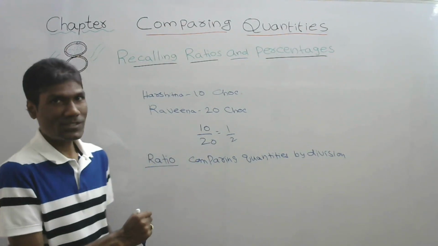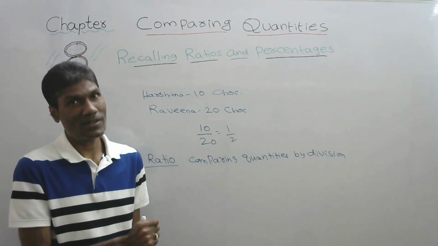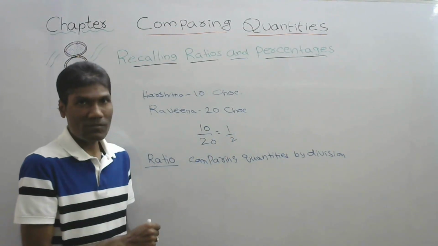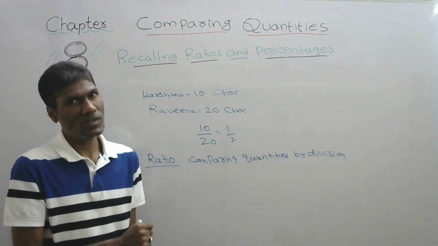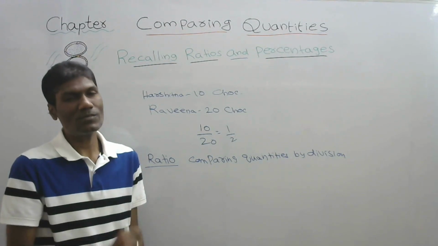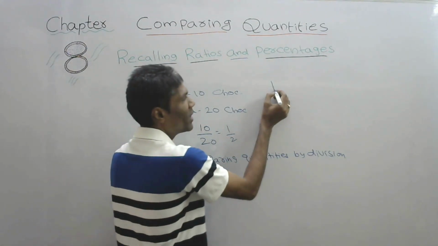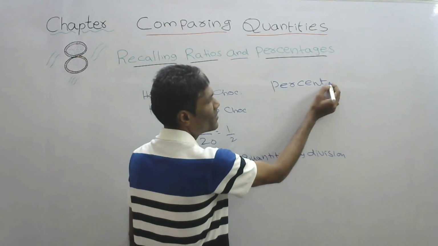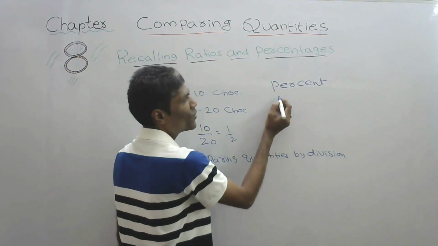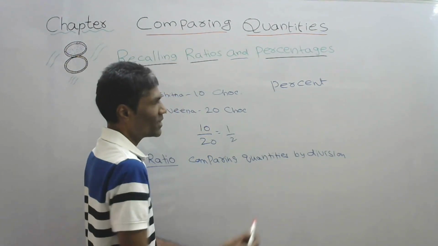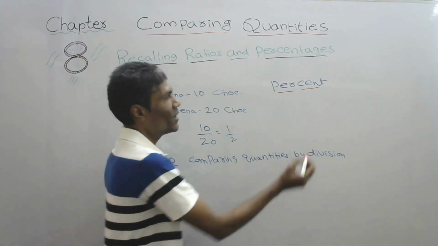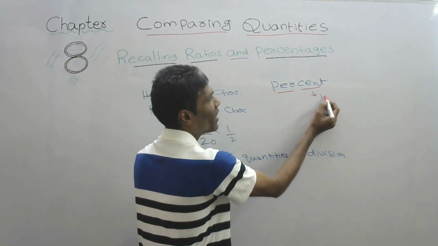Now, next concept is percent. If this has to be converted into percentage, we'll convert. But what is percent? If you see percent, this has two terms. Per and cent. Cent means 100.